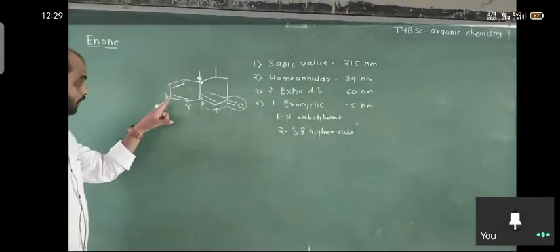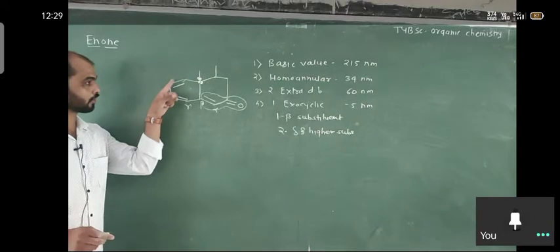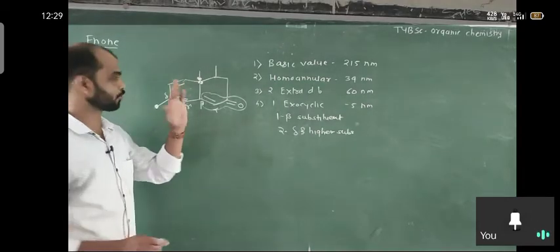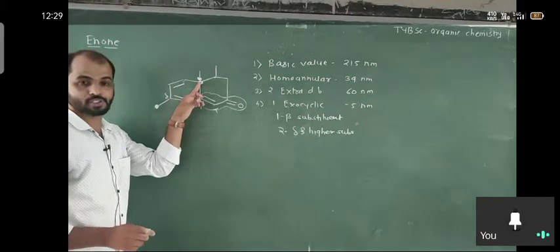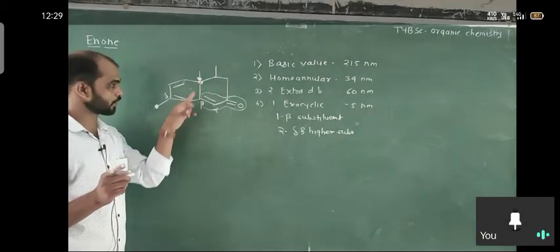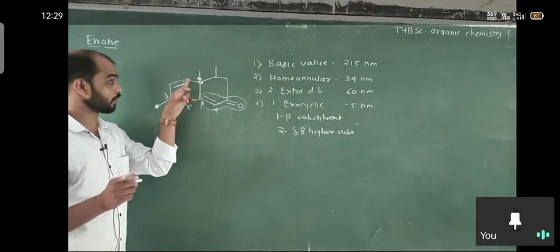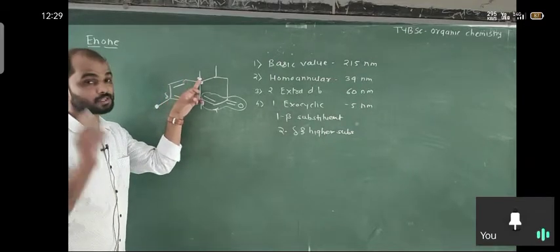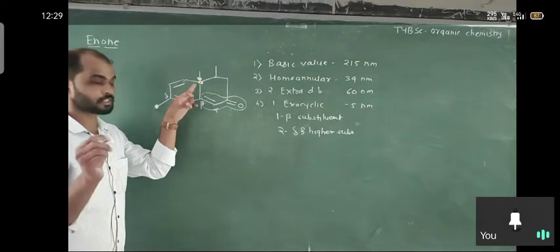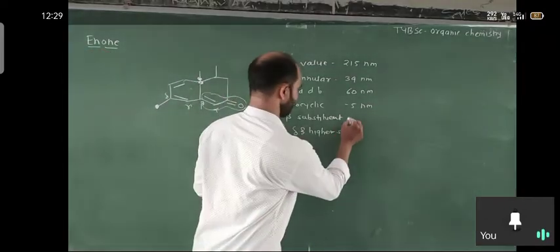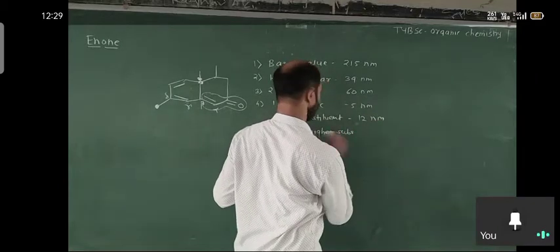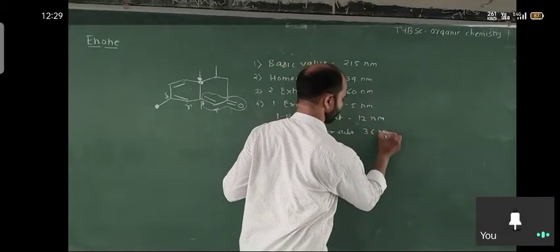Pay attention, on delta there is one, now this is the higher delta position. From here, as the conjugation increases, it is higher delta position. This position also should be considered as a substituent; this has a substituent and for this also a substituent. So here this is considered for beta as well as also considered as a delta higher position substituent. So for beta it is 12 nanometer, for delta higher 18, so there are two, total 36 nanometer.